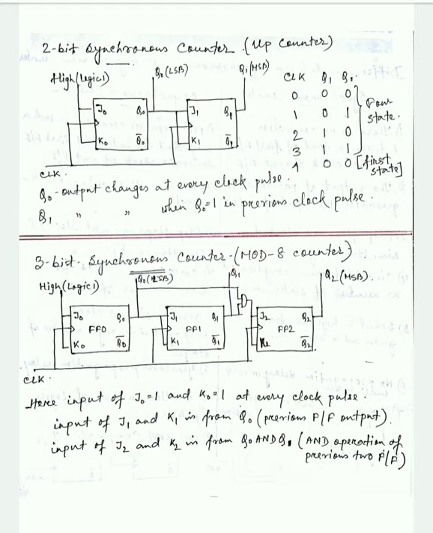At first let us design. We have used here 2 JK flip-flops. Okay, so for 2 JK flip-flops, one thing I also have to say is that whenever we construct a counter, the rightmost flip-flop of a counter gives us the MSB.